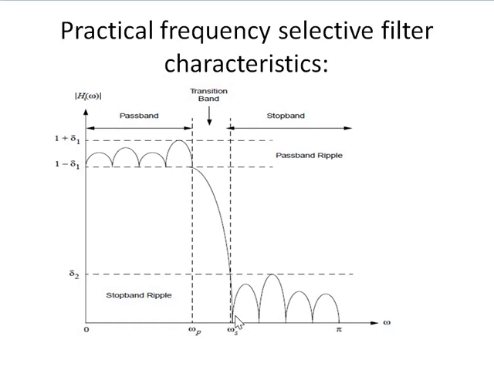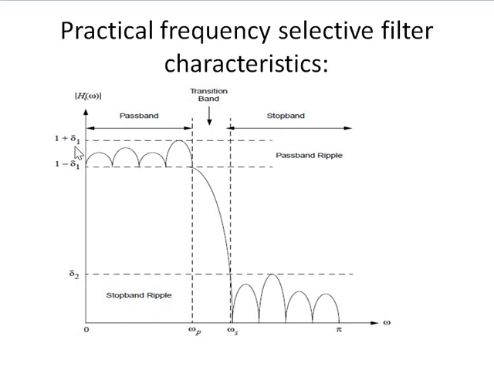There is no abrupt change from pass band to stop band, and there is no constant unity gain. This is called the pass band ripple, this is the stop band ripple, and this is the transition band, the band between the pass band and the stop band.